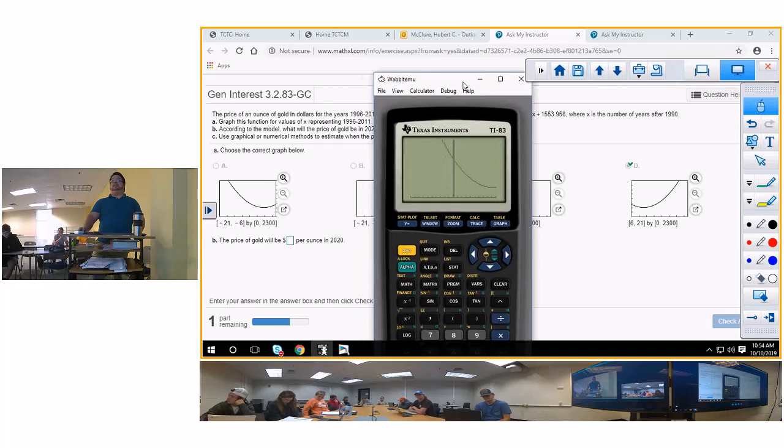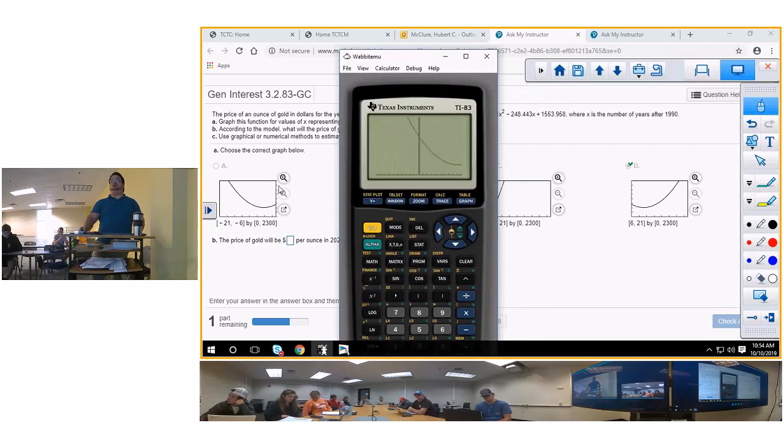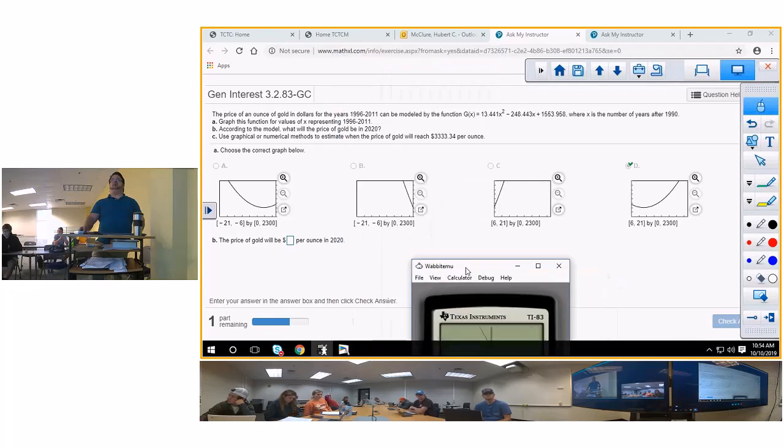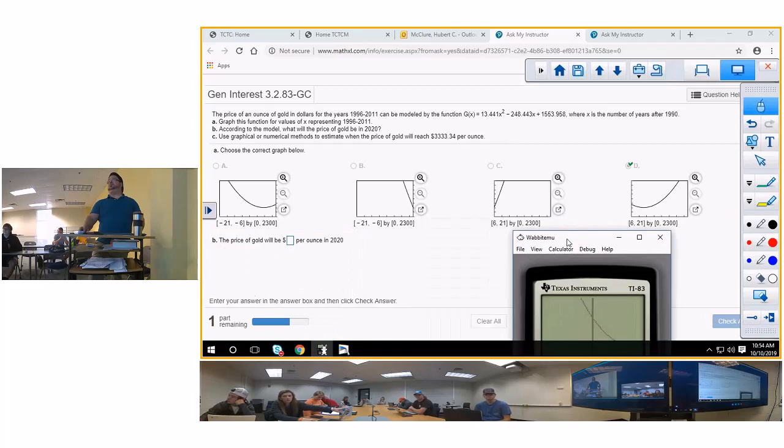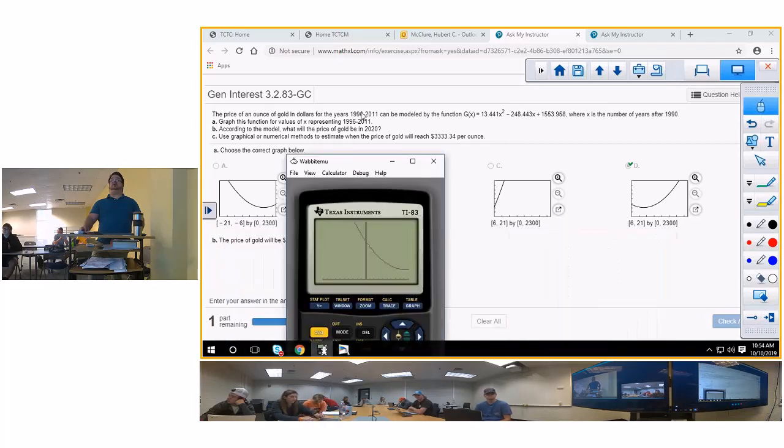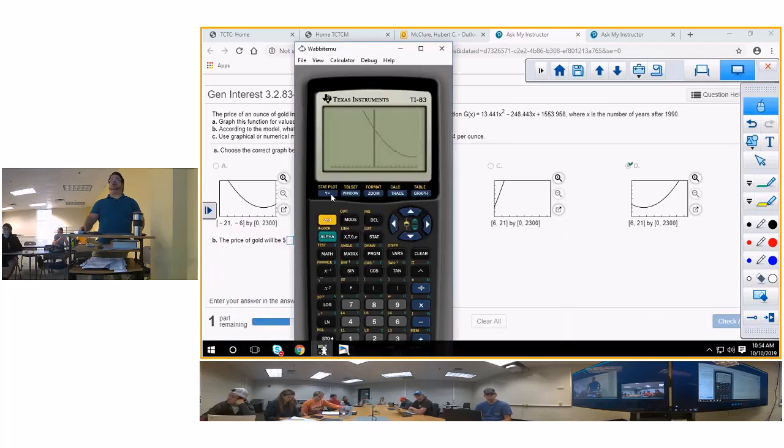So you just need to find it. And I think probably this one is your best. What does it ask for? The best? Because you could say negative 21 to positive 21. Window, negative 21 to positive 21.